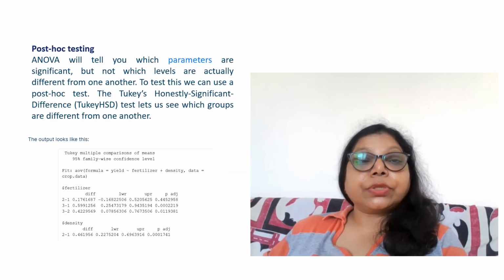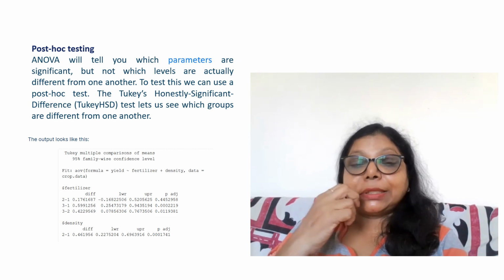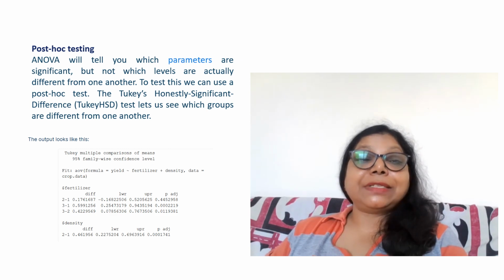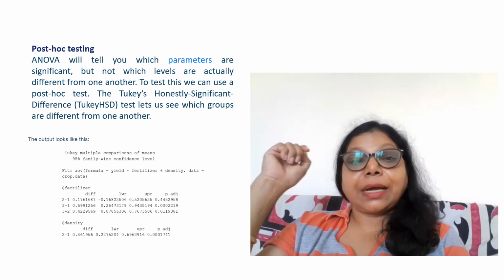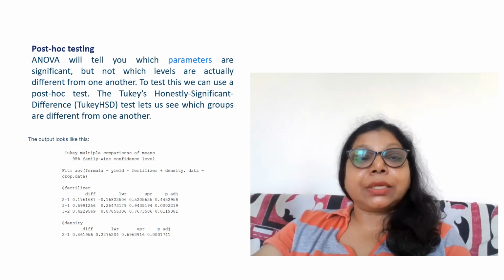Now doing the post hoc testing. ANOVA will tell you which parameters are significant, but it will not tell you which levels are actually different from one another. To test this, we can use a post hoc test, and the most appropriate one is Tukey's HSD test.